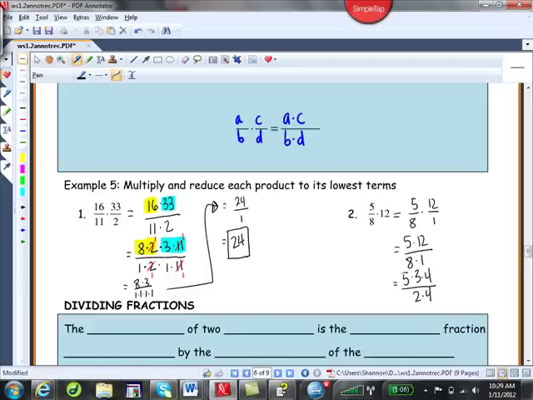So here, the 12 is the 3 times 4, and the 8 is written as 2 times 4. And again, 4 goes into itself once, and we will end up with 5 times 3 times 1 over 2 times 1, which is 15 over 2, 15 halves, and we're good to go.